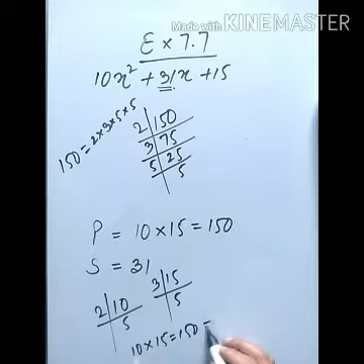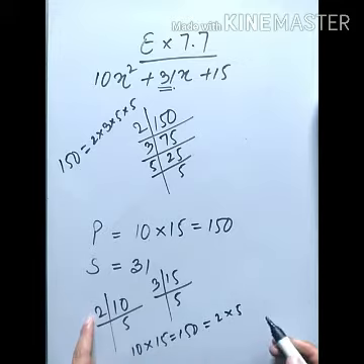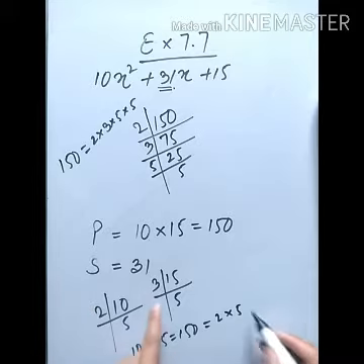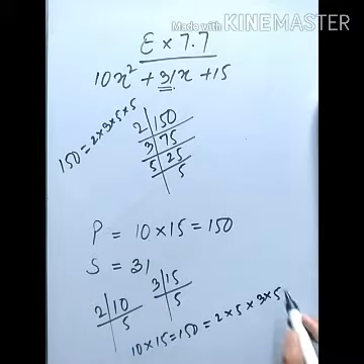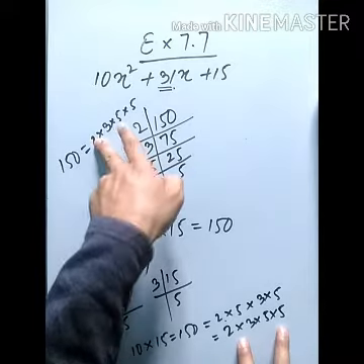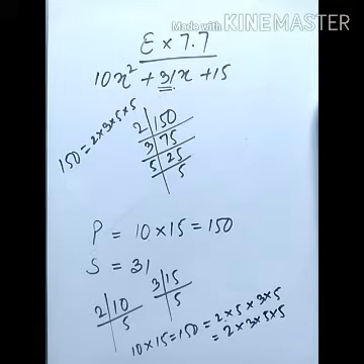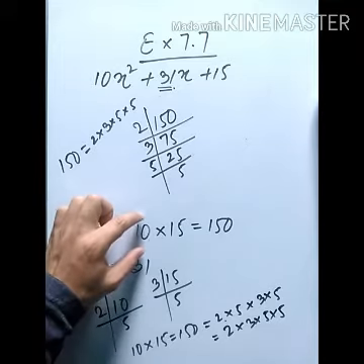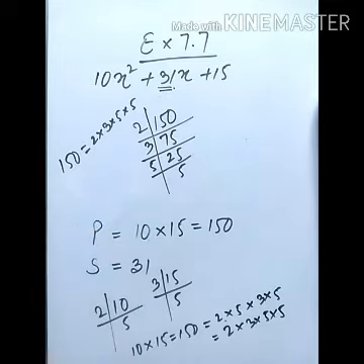So in place of this 10, you can write 2 into 5, and in place of this 15, you can write 3 into 5. So here, you can just arrange 2 into 3 into 5 into 5. Now it's the same. So you can use any one of the methods, but definitely, if the number becomes smaller, it will be easier for all of us. Okay, fine, let's start. I have found out.